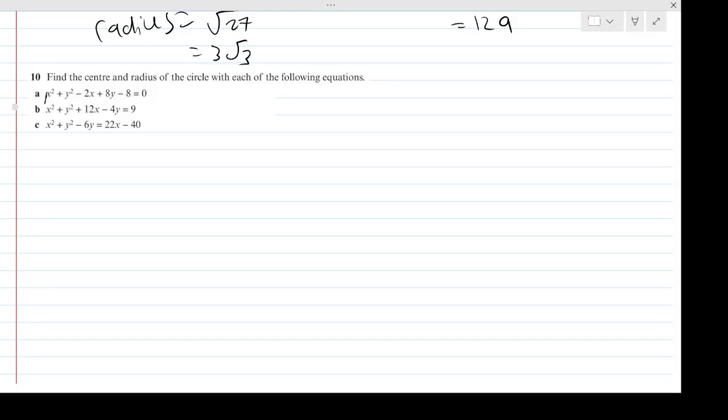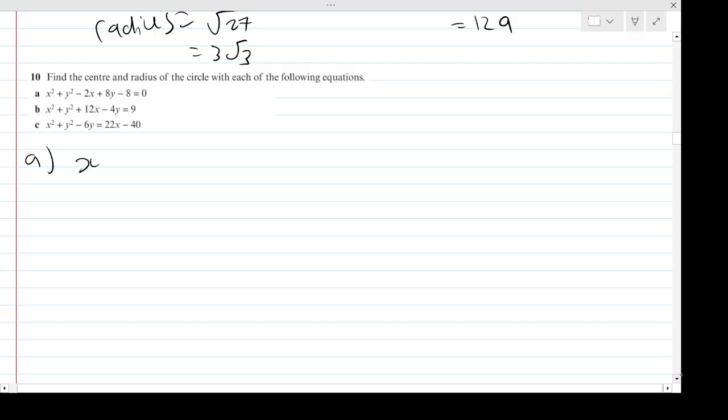Now we're given these funny expressions, and we need to find the centre and the radius again. Well, in this particular case, remember, now we need to complete the square on both the x parts and the y parts. So the first thing we want to do is to split the x and the y separately, so group the x terms together and the y terms together.